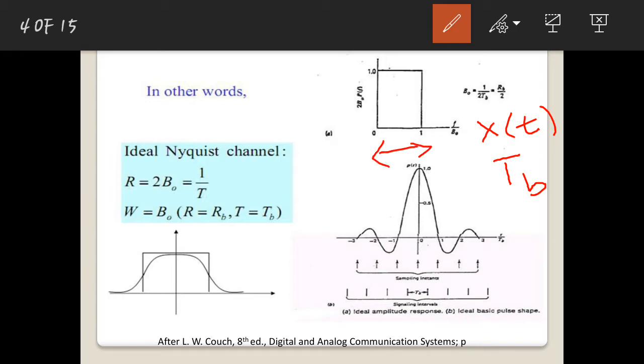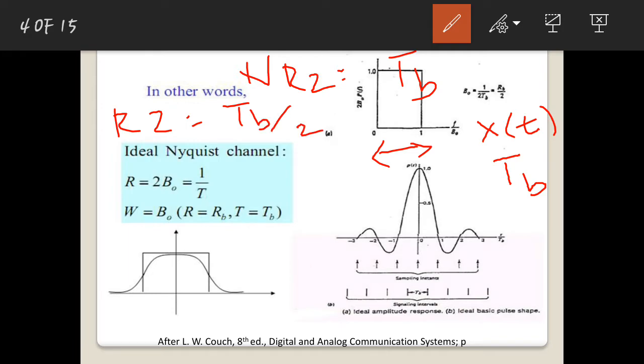For an NRZ pulse it is TB, and for RZ it is half the pulse, TB by 2. RB is the bit rate, which is inversely proportional. So a time domain signal has to be converted into a frequency domain representation.